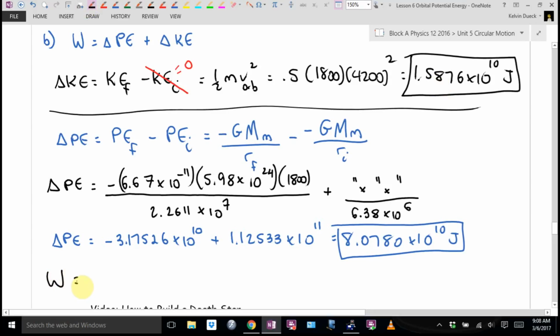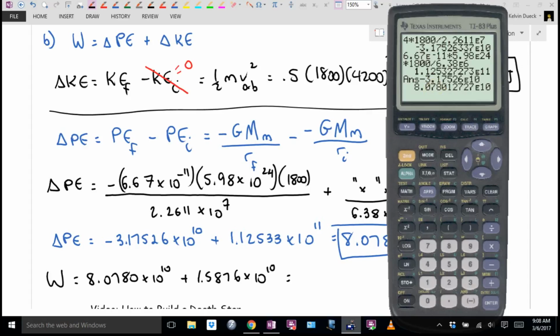Work is going to be the change in potential, 8.0780 times 10 to the 10th, plus the change in kinetic, 1.5876 times 10 to the 10th. Thankfully, I got this first number still stored, so I just got to go plus 1.5876 times 10 to the 10th.